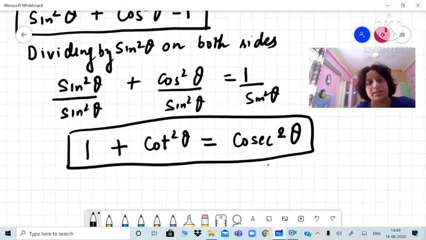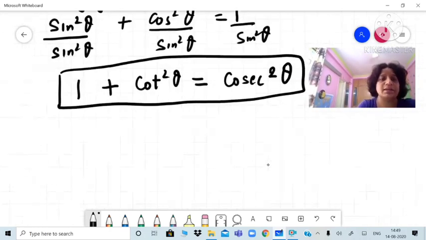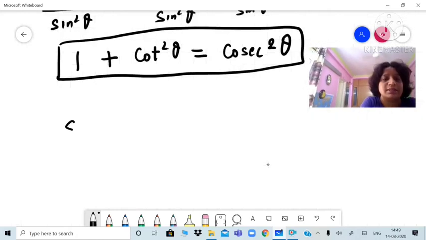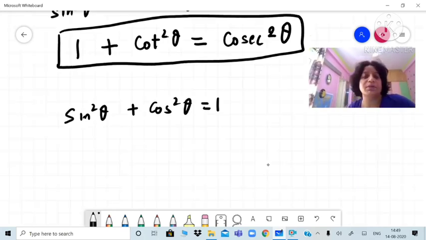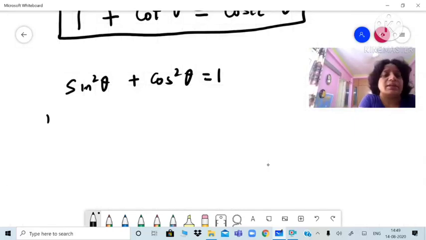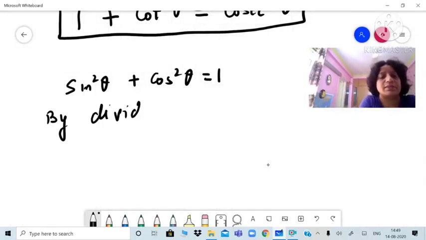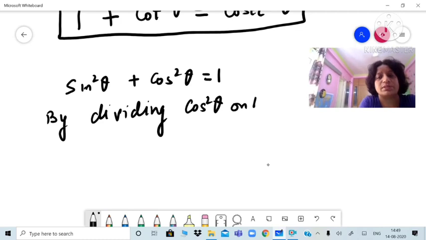Now let's make the third identity. Again take the identity as sine square theta plus cos square theta, which gives you 1. We will be making all the identities by using this. Now divide by cos square theta on both sides. If we divide by cos square theta, what will we get?